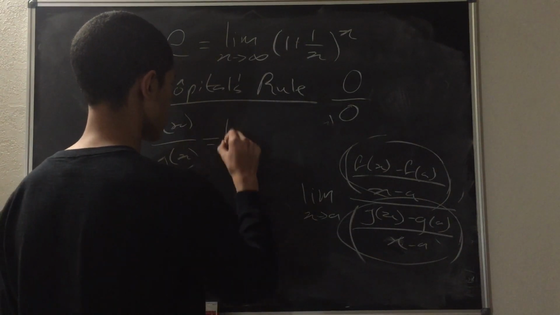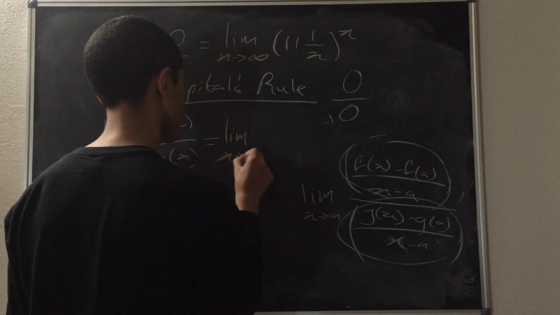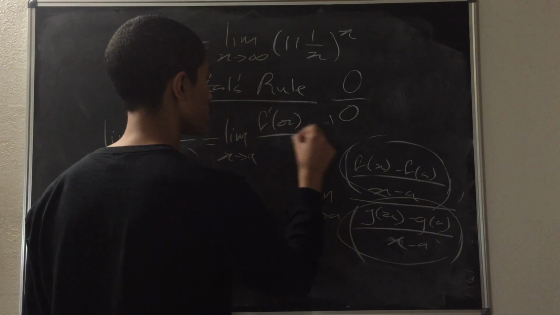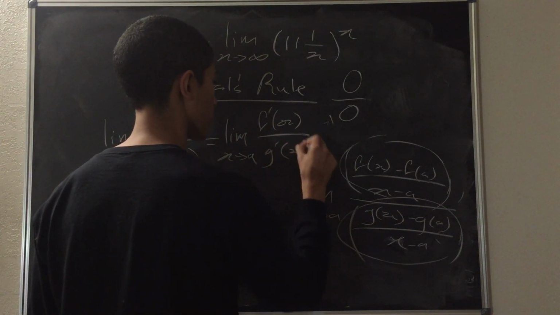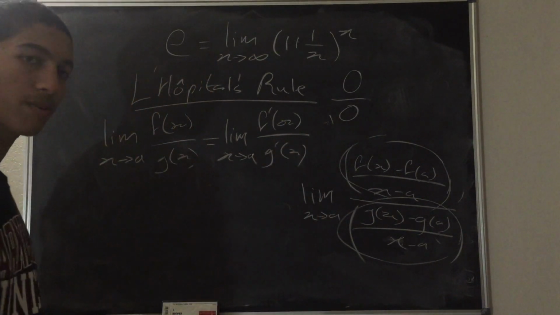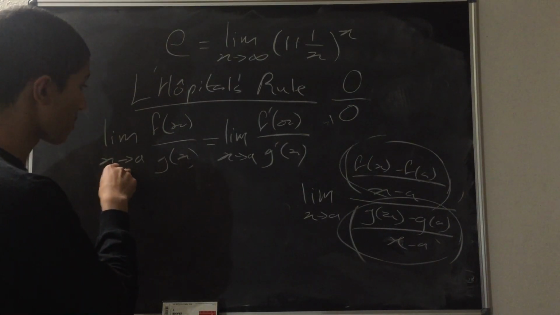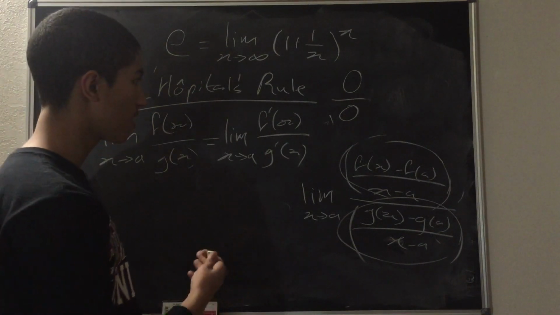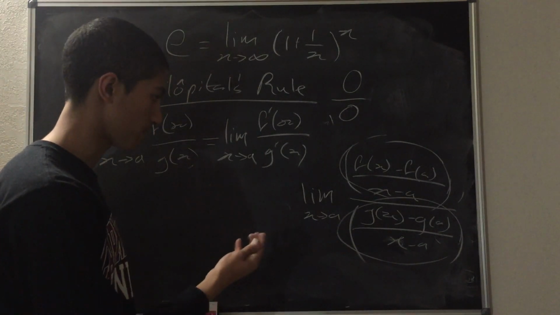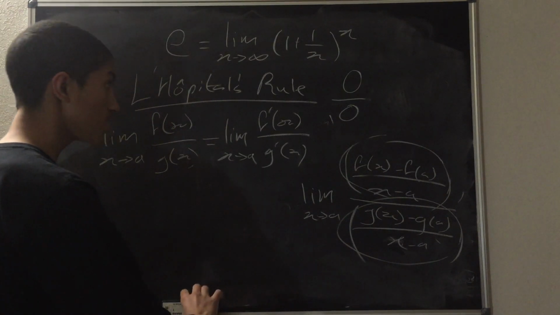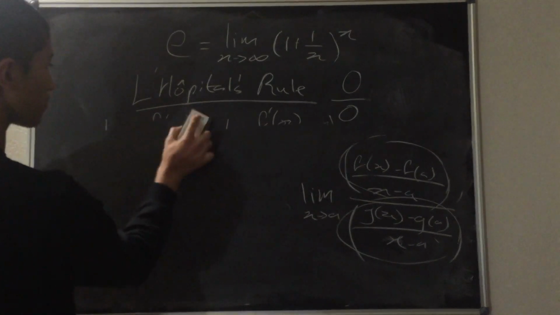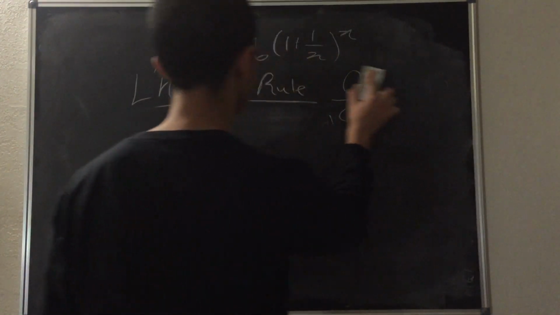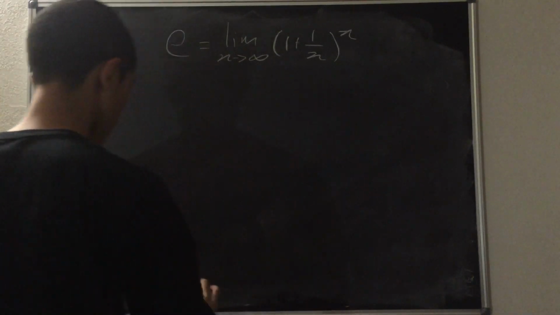So this is equal to the limit x tending to a of f prime of x divided by g prime of x, which is really wonderful because now we've established that the limit x tending to some value a of f of x by g of x is equal to the limit x tending to the same a of the derivative of f of x by the derivative of g of x. And this turns out to be really useful in our initial problem, which is the definition of Euler's number. So let's get to solving that.